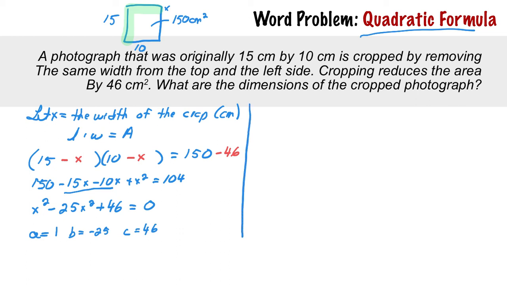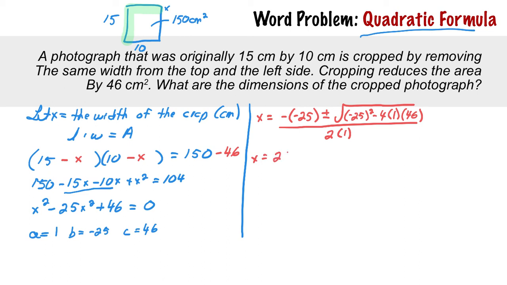Put all of this into the quadratic formula. So x equals negative b, again you have a double negative, plus or minus square root of b squared minus 4 times a times c, all over 2a.